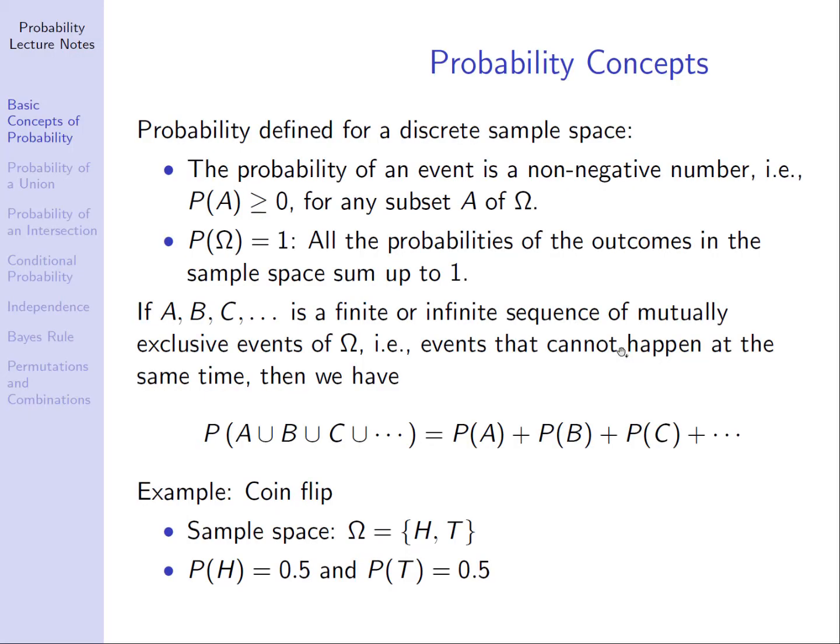Now, when you are working with probabilities, you have to remember that the probability of an event is a non-negative number. That is, it is bigger than or equal to 0 and it has to be smaller than or equal to 1. You can never find a probability that is negative or that is bigger than 1. Also, all the probabilities of the outcomes in the sample space sum up to 1.